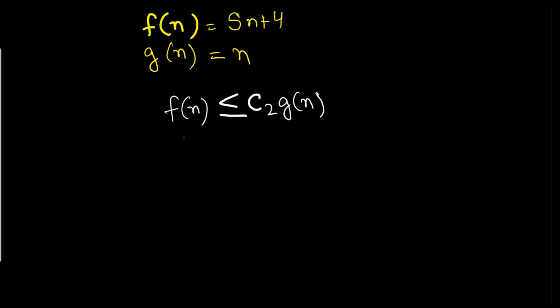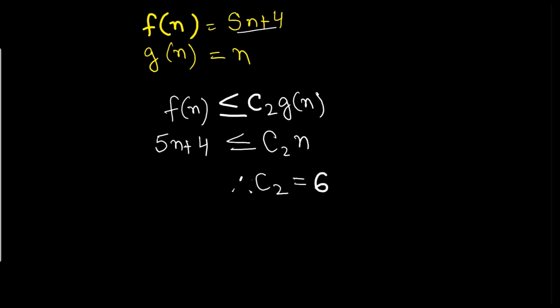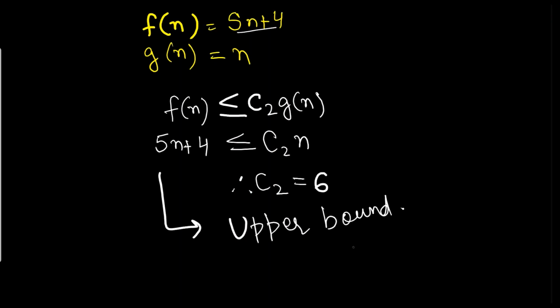For f(n), I will take the value 5n plus 4 and g(n) is n. Now for proving this upper bound, I'll take the value of C2 as a constant c, assuming it such that this is an upper bound, and it is valid only when n naught is greater than or equal to 1.